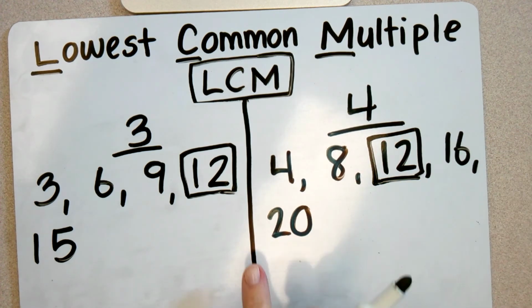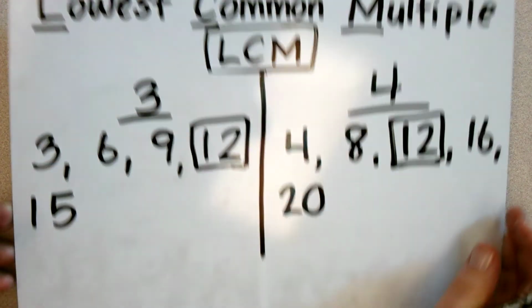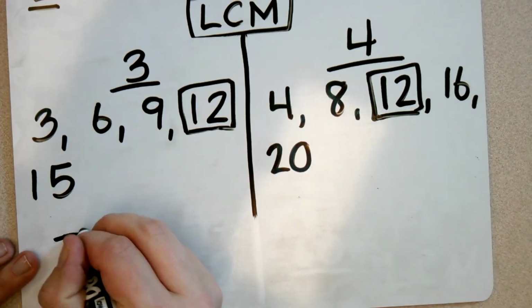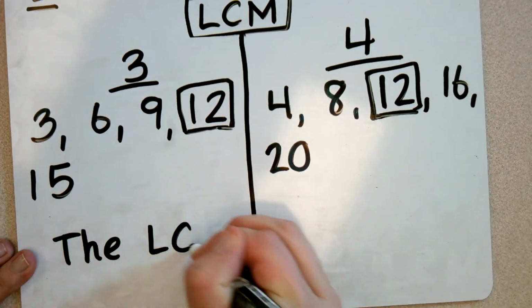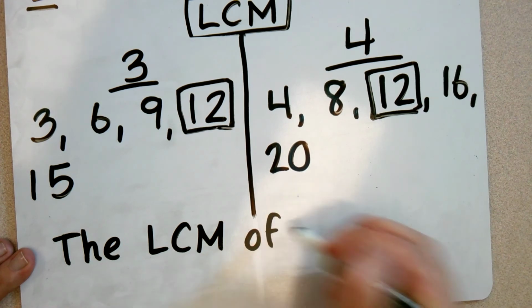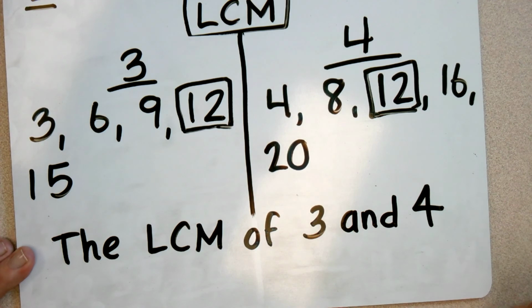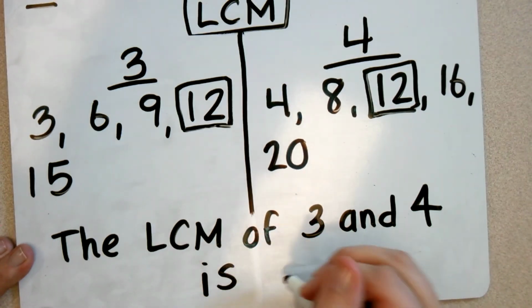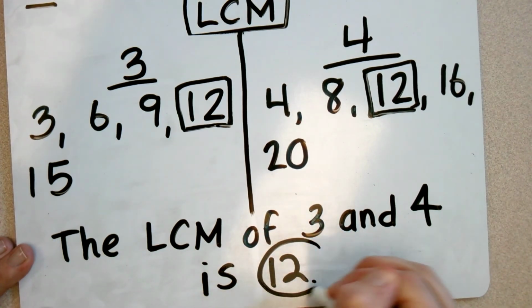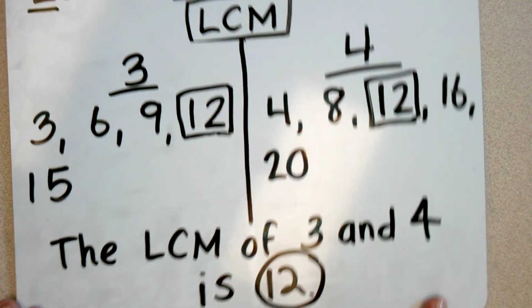I'm going to write that here at the bottom. The LCM of 3 and 4 is 12. Okay, and that is lowest common multiple.